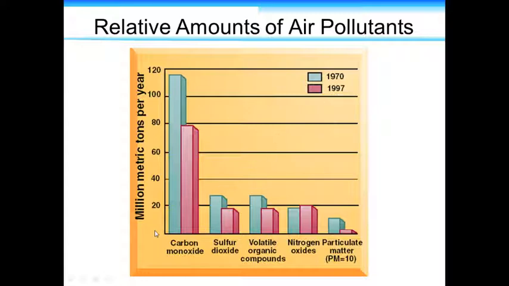This bar graph shows the metric tons per year emitted. And you can see carbon monoxide, this is in the United States, has dropped from 120 metric tons to about 80. And we're making inroads on sulfur dioxide and volatile organic compounds as well. This is comparing to 1997, so hopefully we've made even more progress. Unfortunately, it looks like the nitrogen oxides have increased a little bit.